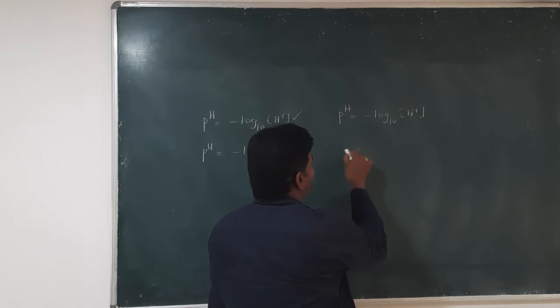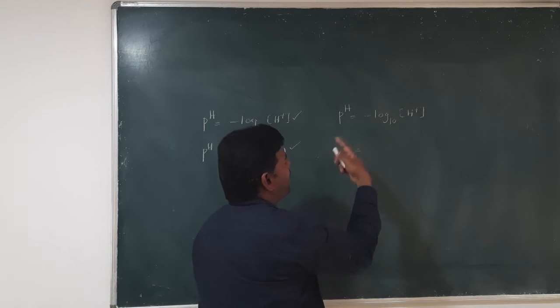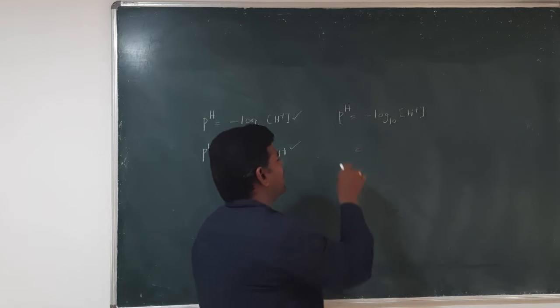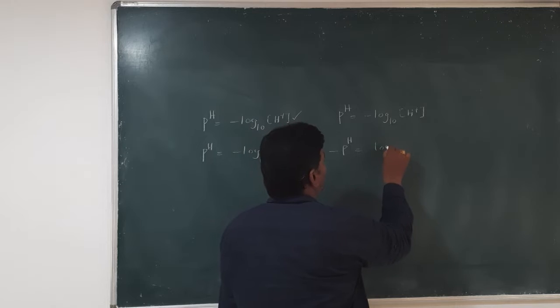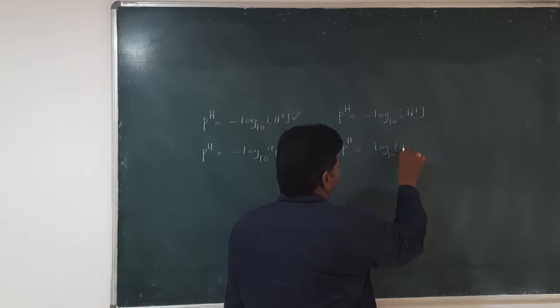When we multiply this equation by the negative sign, we get negative pH is equal to logarithm to the base 10 of the concentration of H plus ions.